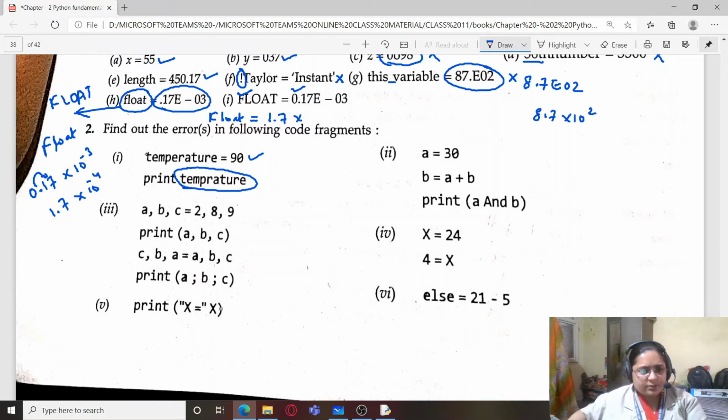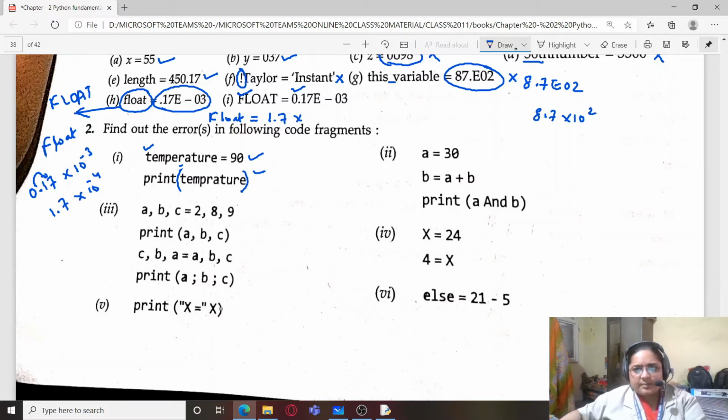What matters is you should use the exact same variable name, because Python will treat this name as some other identifier. And moreover, something is missing over here, that is the bracket.